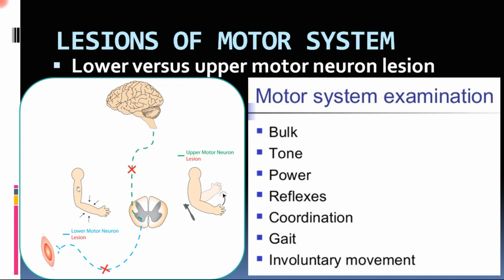Fasciculation and fibrillation might be present in upper motor neuron lesions or lower motor neuron lesions. So, we examine the motor system on this basis, and these are very important headings to differentiate between upper motor neuron and lower motor neuron lesions.